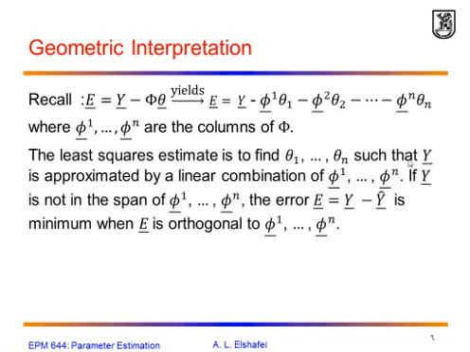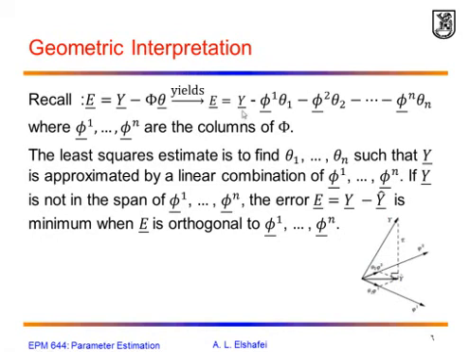Now in order to give a geometrical interpretation, I'm going to assume that I only have two unknown parameters, so a two-dimension vector theta, so I have only theta 1 and theta 2. In that case, phi 1 and phi 2, the regressors here, would define a certain plane, and phi 1 times theta 1 plus phi 2 times theta 2 would define a vector y hat in the plane of phi 1 and phi 2.